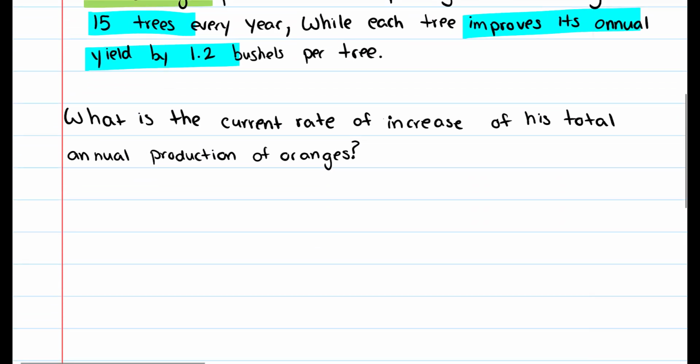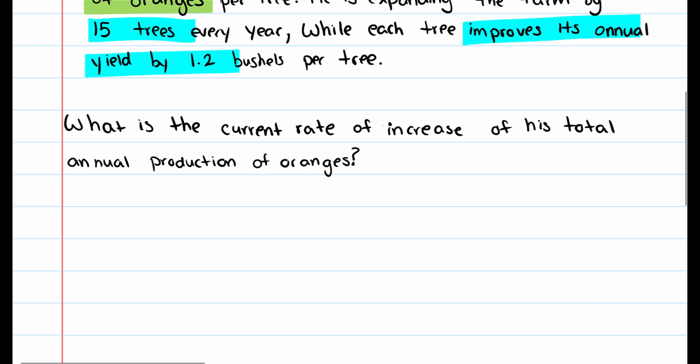And what we want to know is what is the current rate of change, or rate of increase, of his total annual production of oranges. So he's doing two things. The first thing is he's increasing how many trees he has each year, and each tree is increasing how many bushels it has per year.